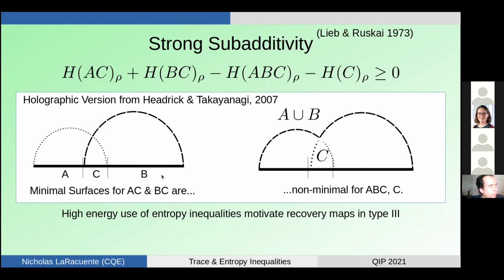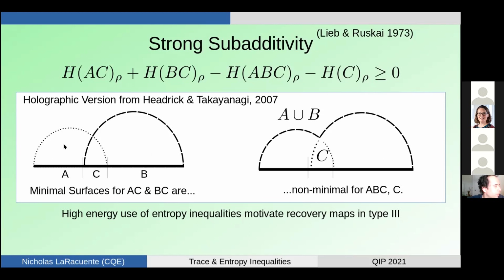So here on the left, we have taken a line or a segment to be our boundary theory. This will have three subregions, A, B, and C. And so the first two terms in strong subadditivity are corresponding to AC and BC. So these are overlapping. The bulk theory is this area above this line where we would have these arcs representing geodesics. In this case, they're fairly simple, drawn as semicircles.